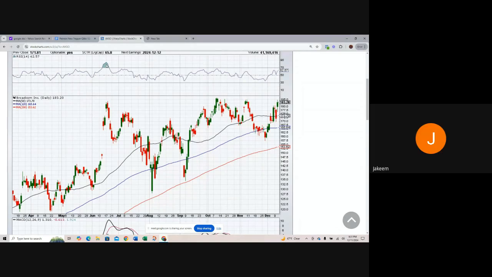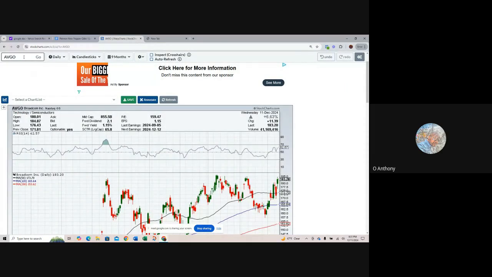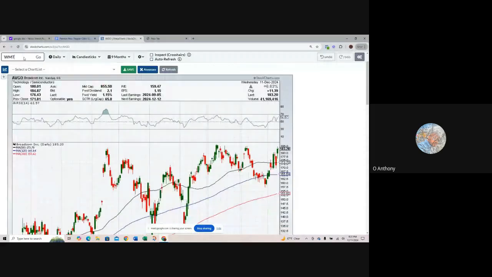Okay, because I was under the impression that if it touches the 70 line, that's when you sell because there's too many buyers. Am I understanding that wrong? So you can say this is an indicator that lets you know how the market is treating that stock, right?